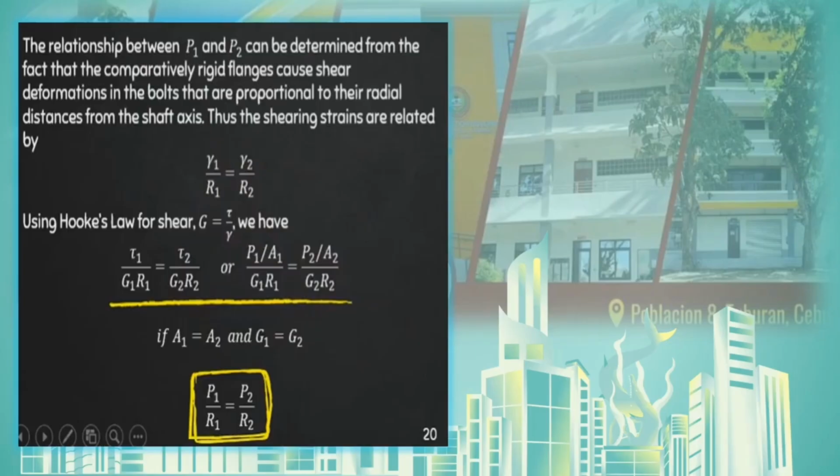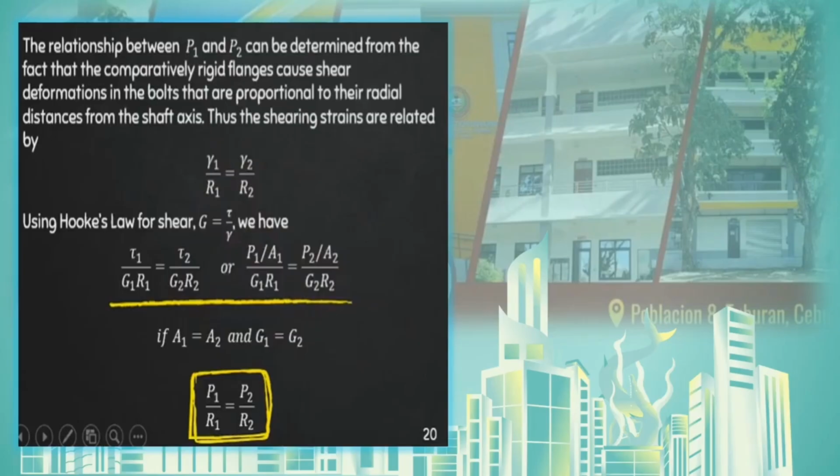Since stress equals P over A, where P is shearing force and A is the bolt's cross-sectional area, this can also be written as P1 divided by A1 over G1 times R1 equals P2 divided by A2 over G2 times R2.